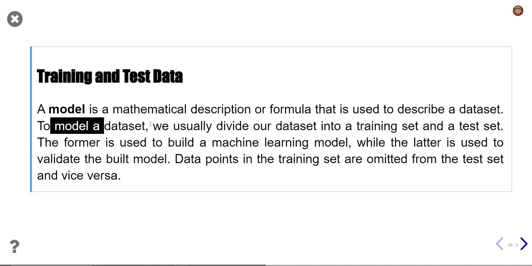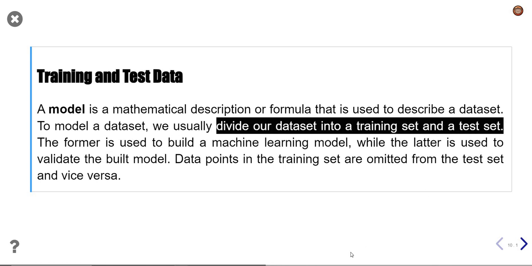To model a data set, usually we will divide the data set into a training set and a test set. This is part of the methodology. Let's say you have a data set of 100 rows, 100 examples. When you want to build the machine learning model, you need to split your data set into a training set and a test set.